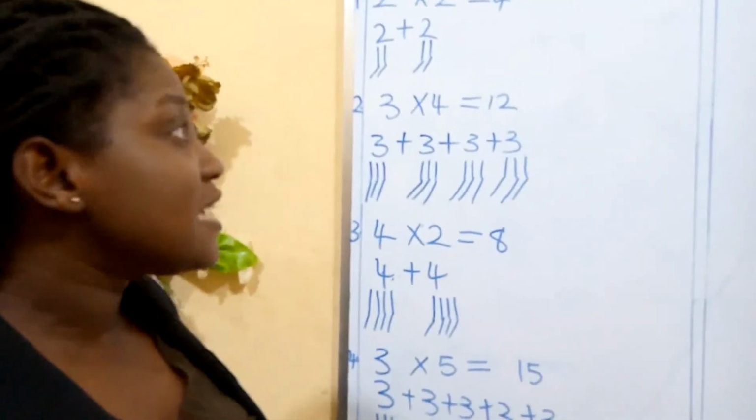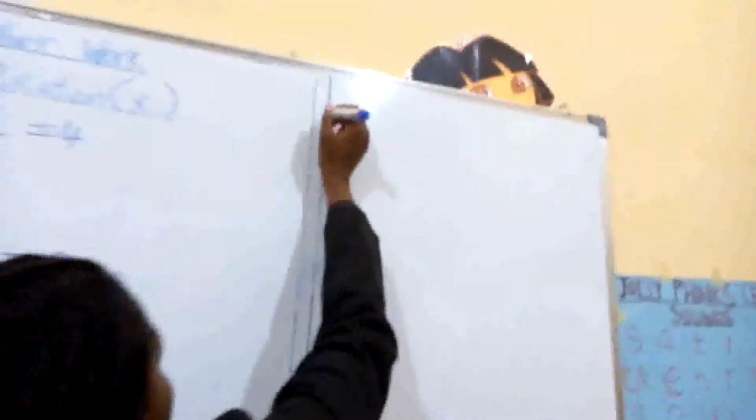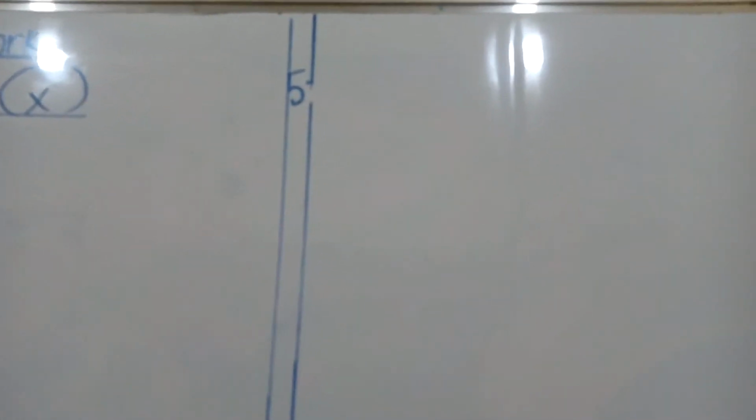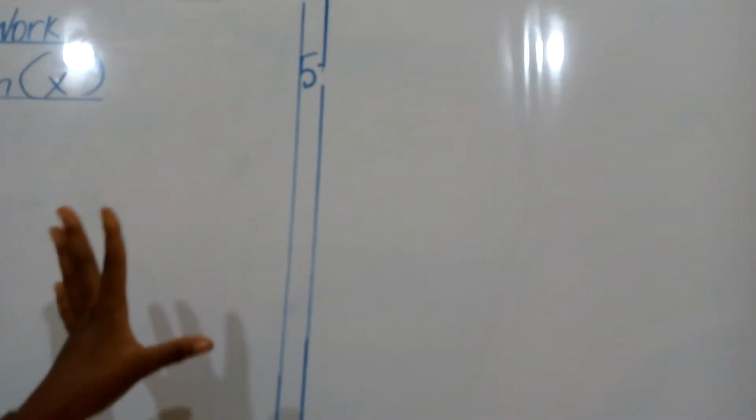Okay, so now let's take one more. So we move to what? Number 5. So now let's get a bigger number. As big boys and girls, should we still be dwelling on smaller numbers? No, we are growing.